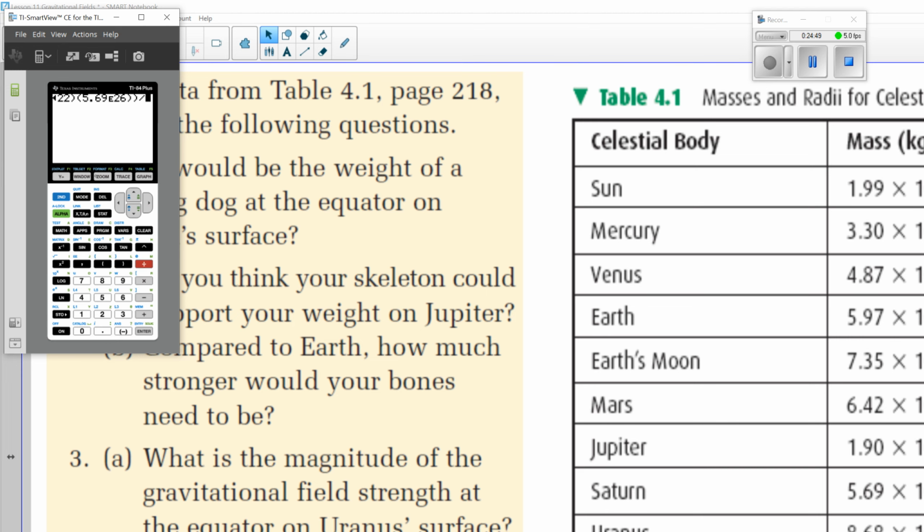And then divide that by the radius of Saturn, 6.03 E 7, squared. So that would be their weight in newtons on Saturn. That would be their weight in newtons on Earth. It's not that different, is it? No. Why? Saturn's way bigger.